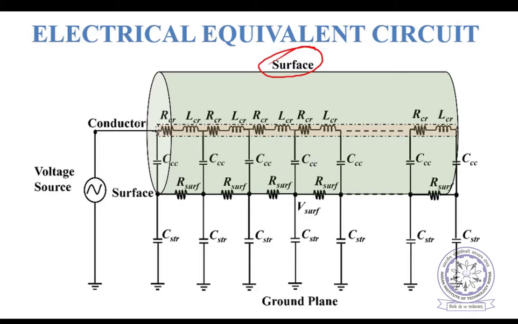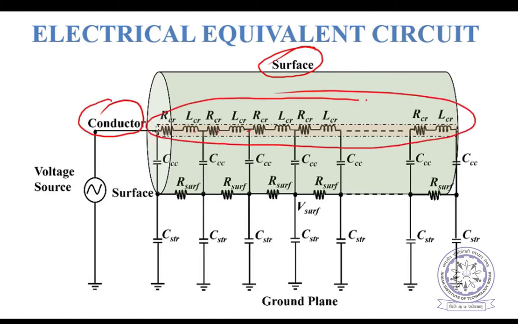The central one is the conductor. The conductor is modeled with RL like this, you can see. And then the covered conductor is modeled with capacitances. Basically it is capacitive impedance. And then of course we have incorporated some surface resistance here.